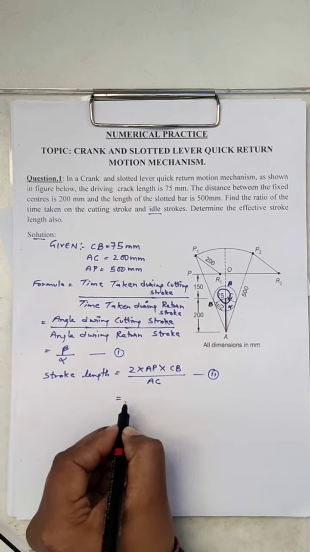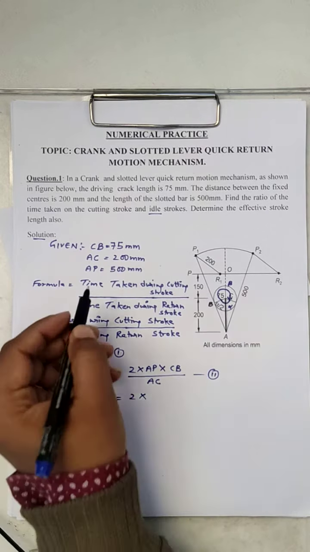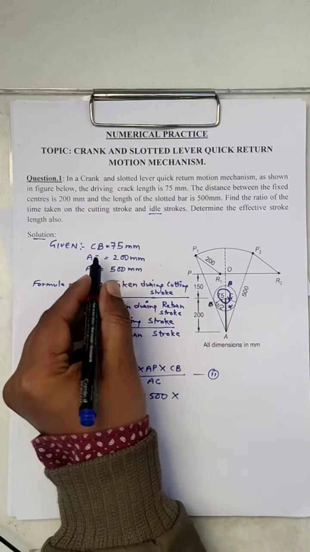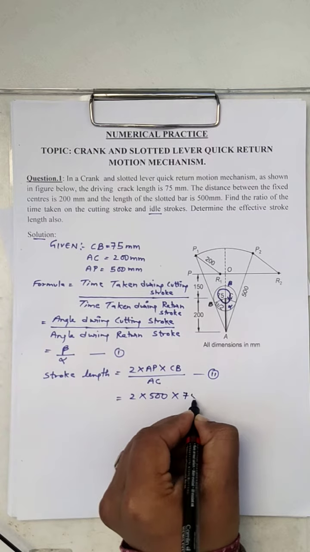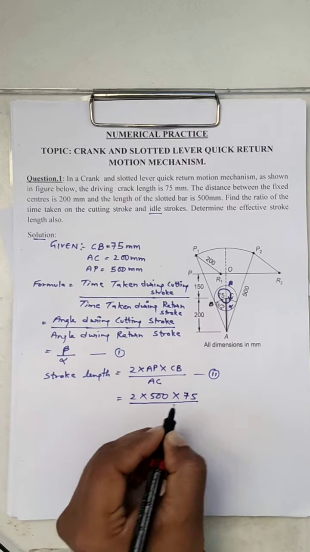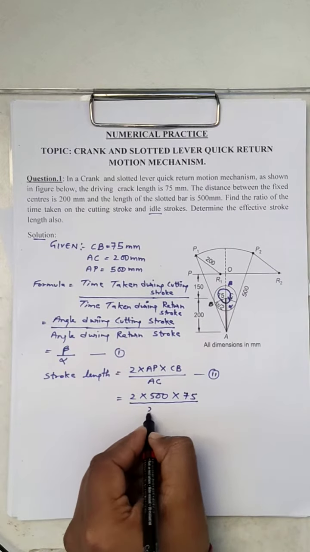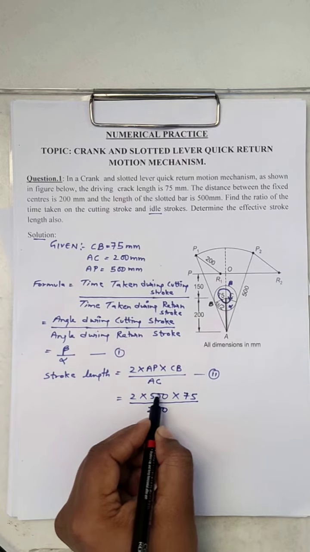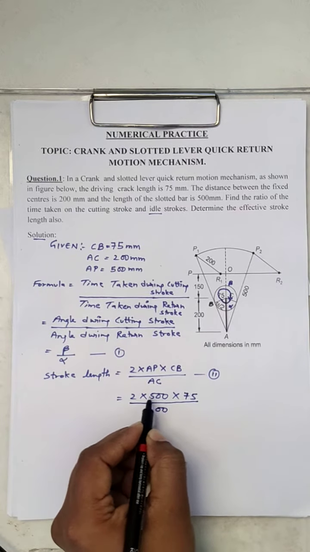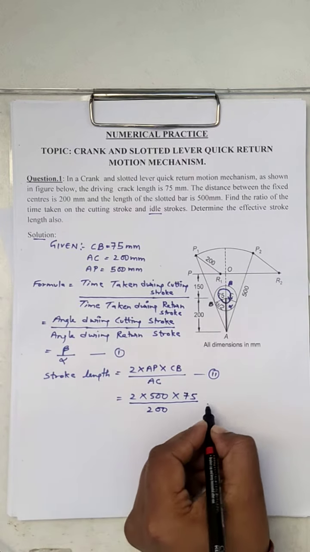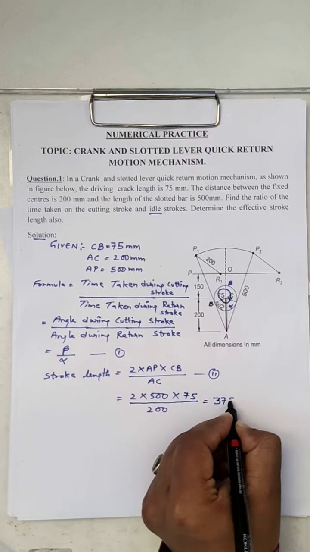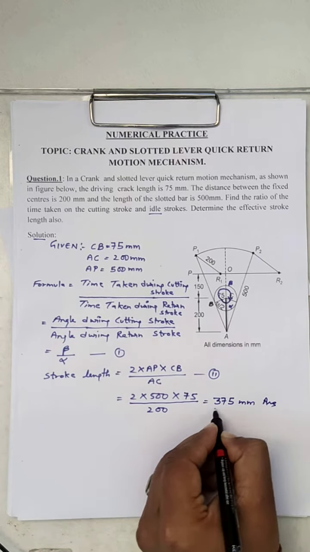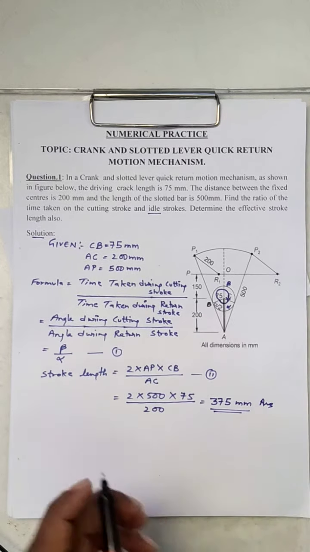So directly we will put the values: 2 into AP, that is 500, into CB, that is 75. We have already taken all the units in mm. AC, that is 200. On solving, what we will get? Finally we will get 375 mm as answer. So this is your answer for the second part.